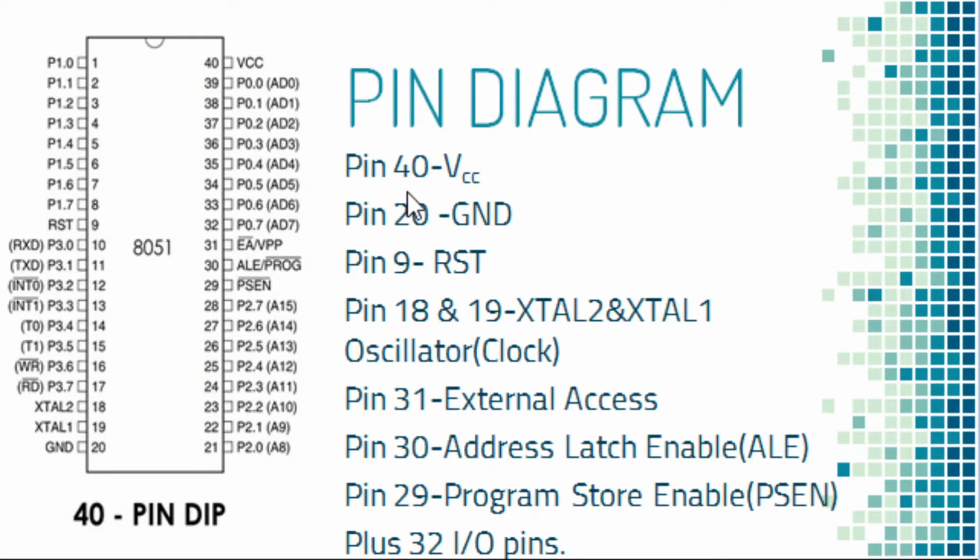Pin 40 is the VCC, pin 20 is the ground, pin 9 is the reset pin, pins 18 and 19 are for the clock, and pins 31, 30, 29 are for the external memory access. The rest of the 32 pins constitute the input output ports.